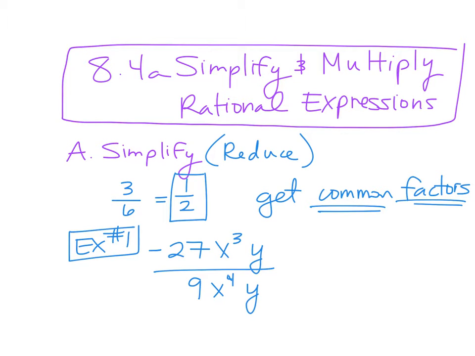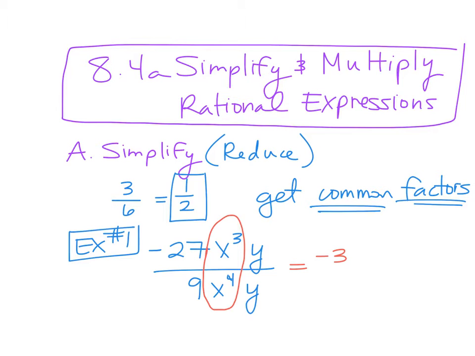Do you remember what to do with that? What do you do with the numbers? Divide them. Negative 27 divided by 9 is negative 3. Okay, what do you do with the x's? You subtract. So 3 minus 4 is a negative 1, so x to the negative first on top would put x on bottom.